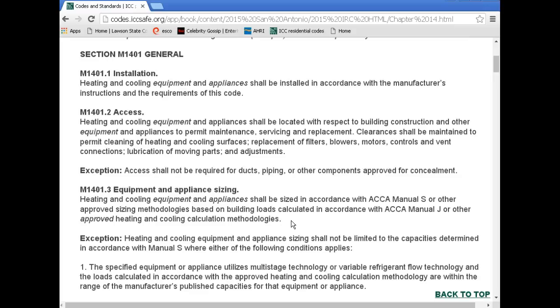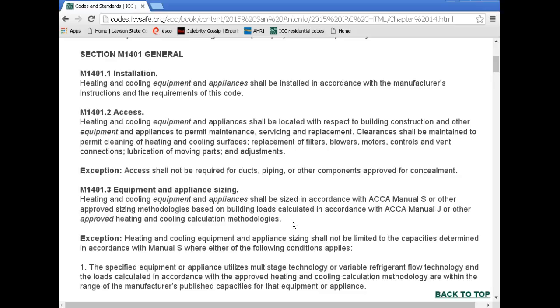Except they have added an exception I see here. 1401.3: heating and cooling equipment and appliances shall be sized in accordance with ACCA Manual S or other approved sizing methodologies based on building load calculated in accordance with ACCA Manual J. The exception shall not be limited to the capacity determined in accordance with Manual S.